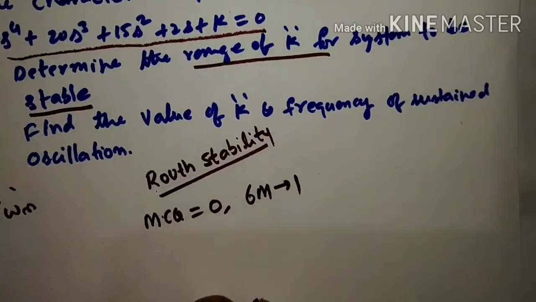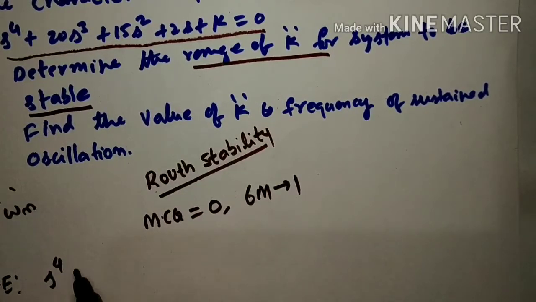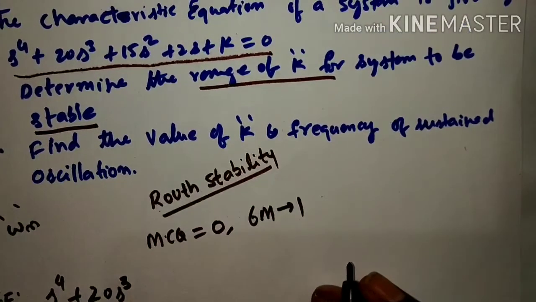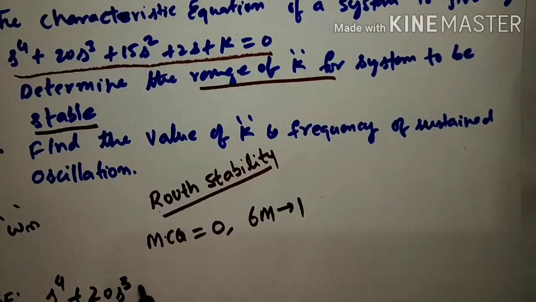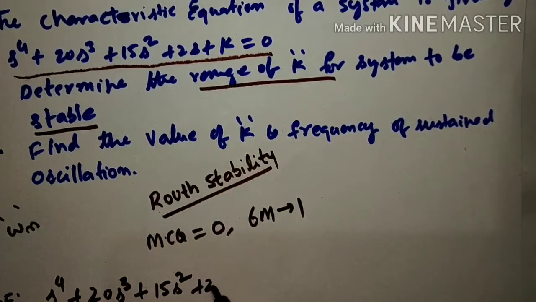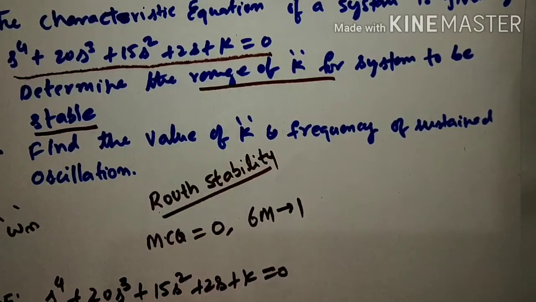From the given equation, the characteristic equation is s^4 + 20s^3 + 15s^2 + 2s + k = 0. This is the characteristic equation given to us.